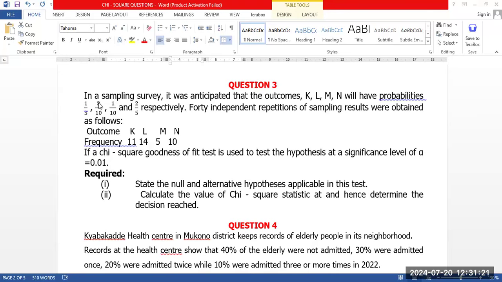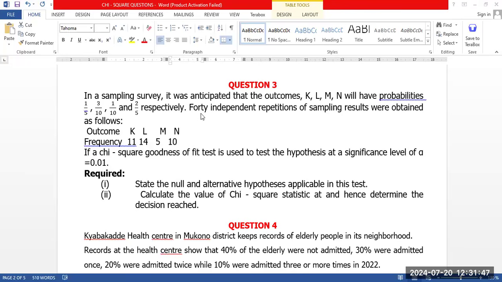If you add these probabilities, you must get 1. Respectively, the probability corresponding to K is 1 out of 5, to L is 3 out of 10, to M is 1 out of 10, and to N is 2 out of 5.